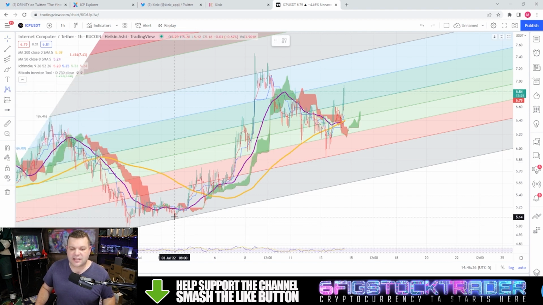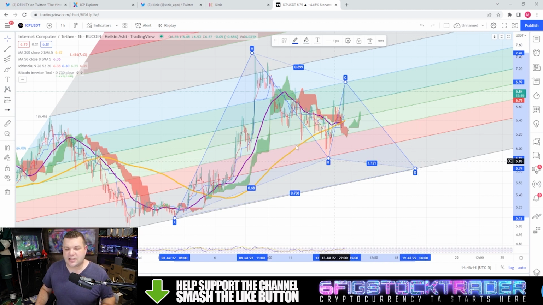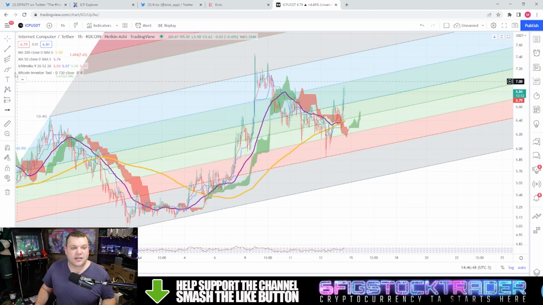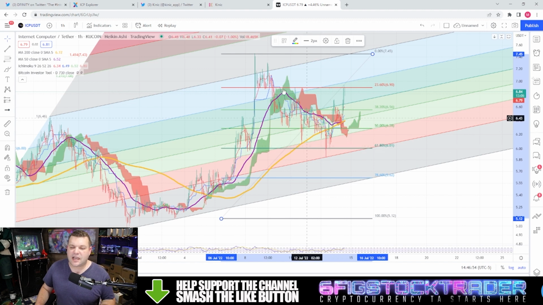I'm looking for mainly a Gartley pattern or something of that nature. You guys could probably start the Gartley pattern right here and just start measuring some points, something like this. So let's see if we would even have a case for Gartley at this point. To the downside, measuring this swing high to this base, we would definitely have a case.